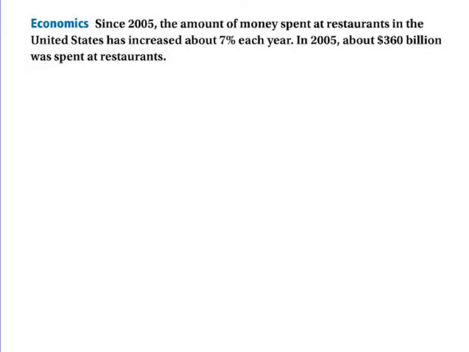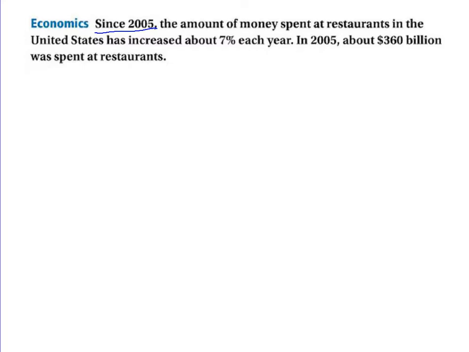Okay? Now, there's a couple of things that we need to talk about. Since 2005, first of all. So, since 2005, that means in 2005, how much time has gone by? 0 time.